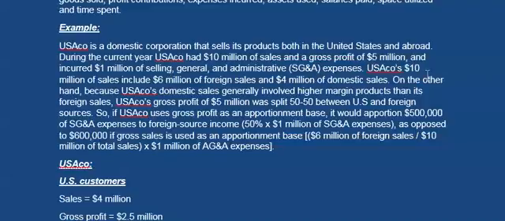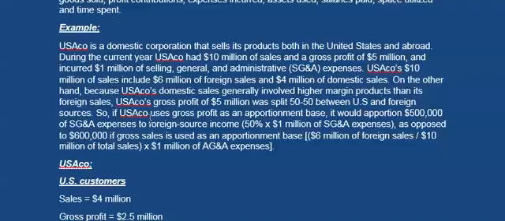USACO's $10 million of sales includes 6 million of foreign sales and 4 million of domestic sales. On the other hand, because USACO's domestic sales generally involved higher margin products than its foreign sales, USA Corporation's gross profit of 5 million was split 50-50 between US and foreign sources.